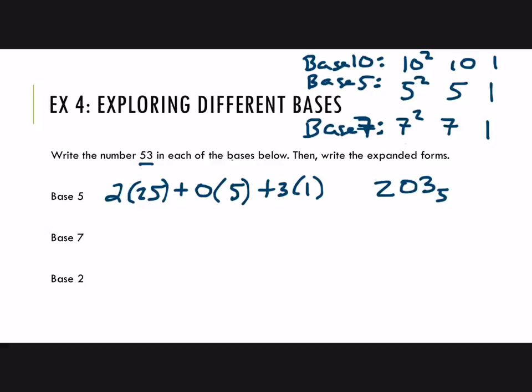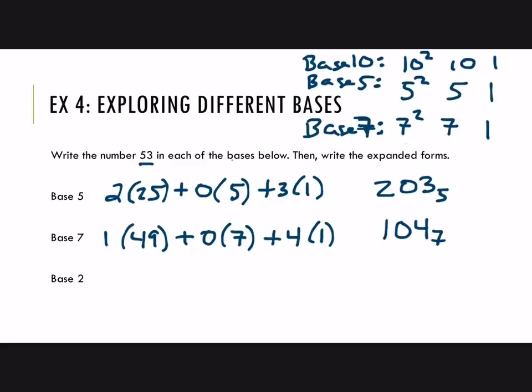So the number 53 in base 7, we have 1 group of 49, 7 squared. Then we have 0 7s left over. Okay, because if you take away 49 from that, that leaves you with 4. So then there would be enough to make 4 ones left over. So in base 7, that would be 1, 0, 4, base 7.